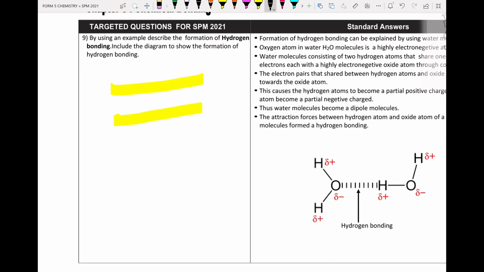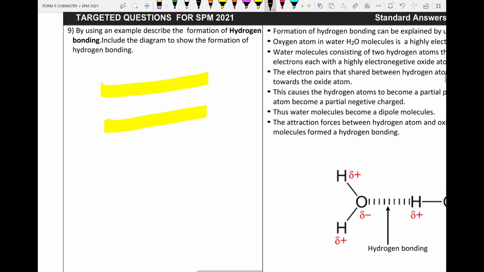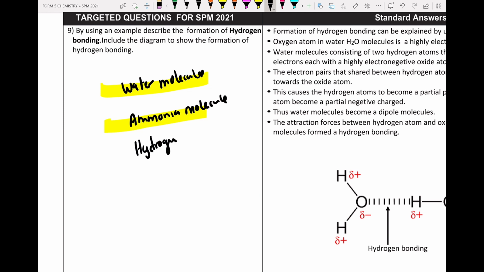Alright, we move on to the next one, formation of hydrogen bonding. Formation of hydrogen bonding can be seen in water molecules, and also in ammonia molecules, or hydrogen fluoride molecules.